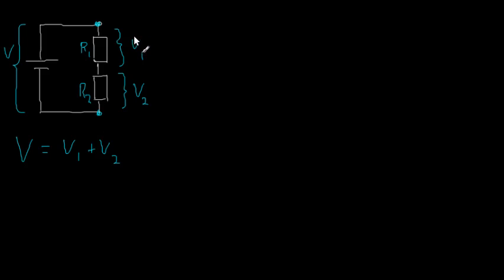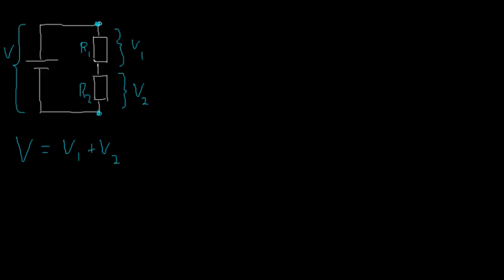And V1 is the work done to bring the unit charge from there to there, and V2 from there to there. So this relation is just saying that the total work done is equal to the work done when you add up the work in each resistor, which makes sense.